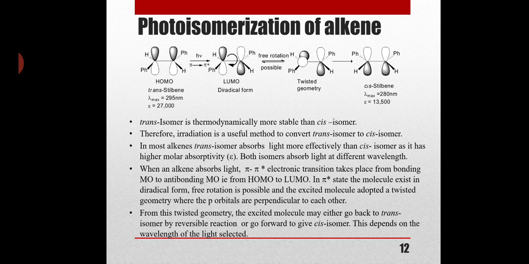From this geometry, the excited molecule can either go back to the trans form or give rise to the cis isomer. Here you should note that whatever we discussed in slide number 9 is exactly happening here.